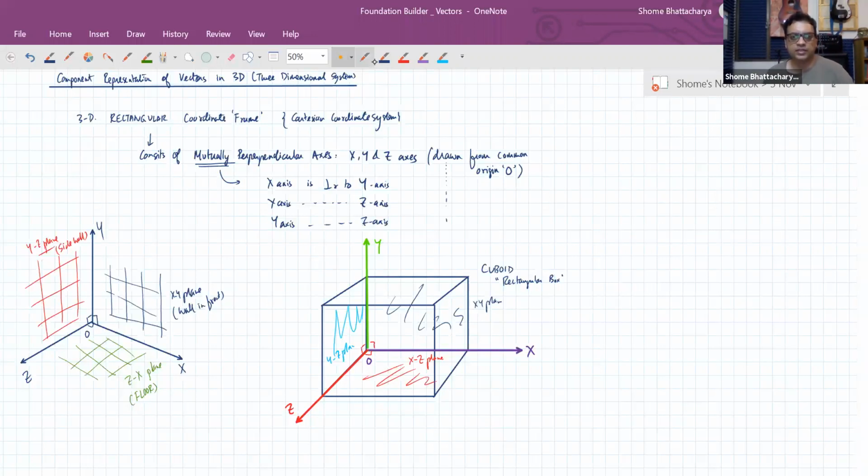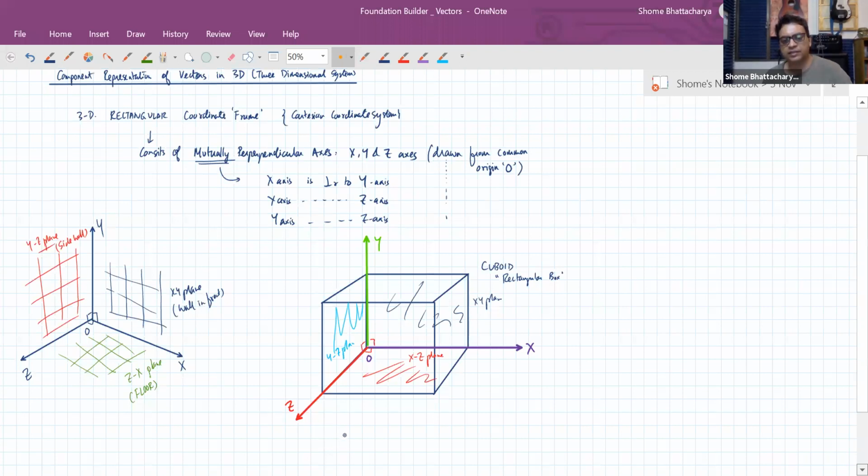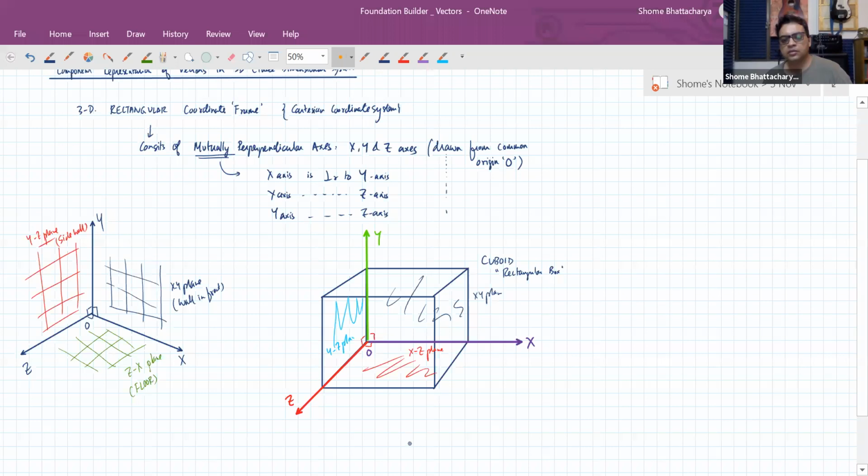Okay. Now, once you've defined your coordinate axes and the origin, next we define the base unit vectors, like we've done for the two-dimensional system. But now we have three of them. Base unit vectors, or the standard vectors: i cap and j cap, what they were before, same thing here also. But now we have one more, which is k cap.